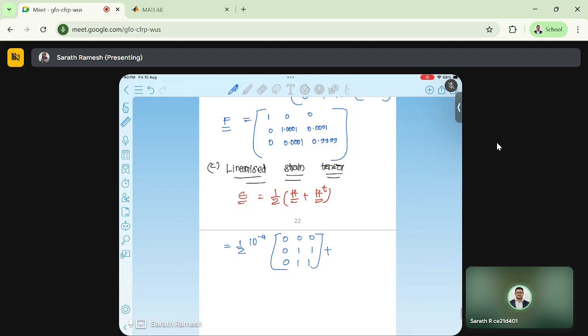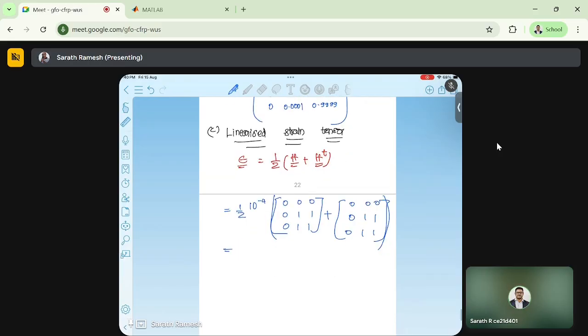H plus transpose of H will be the same, symmetric, so 0, 0, 0, 0, 2, 2, 0, 2, 2.